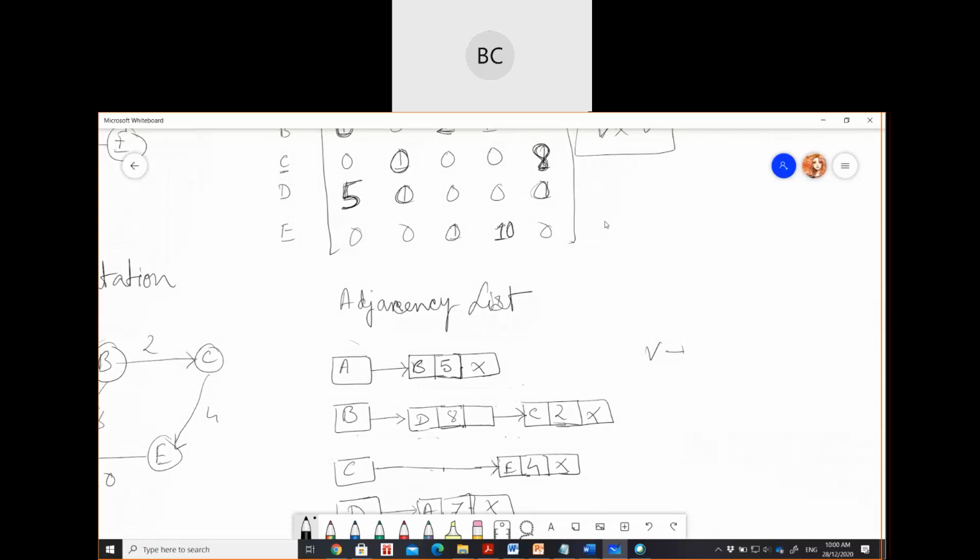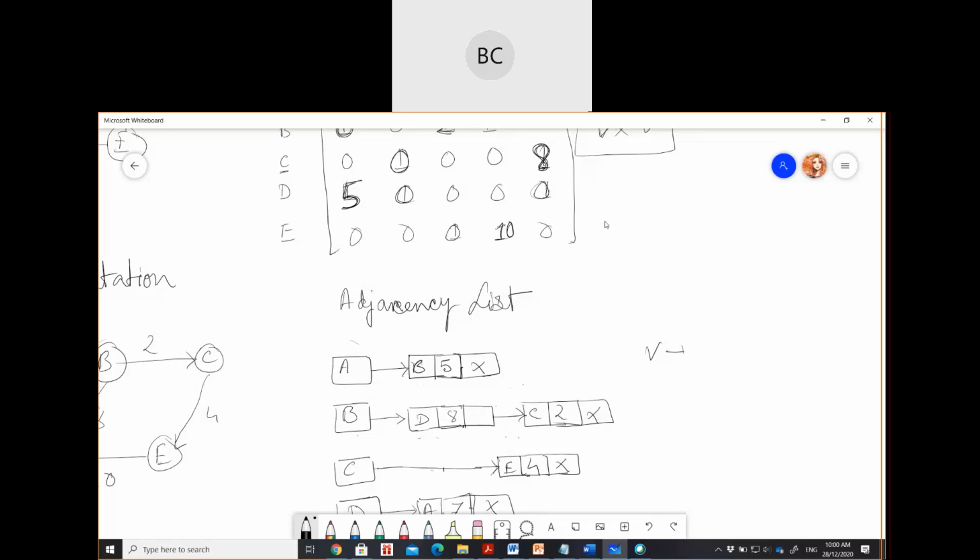So the space requirement for the adjacency matrix is higher, and normally graphs don't have too many connections, so adjacency lists are a better choice for most tasks. I'm not saying adjacency list is always better, but for most tasks it is, because the adjacency matrix takes more space.